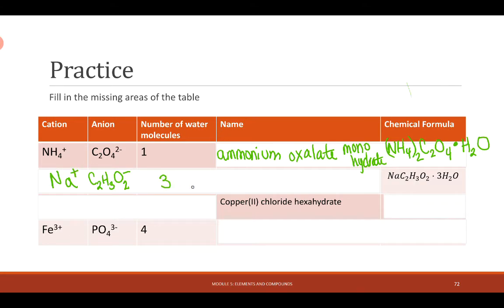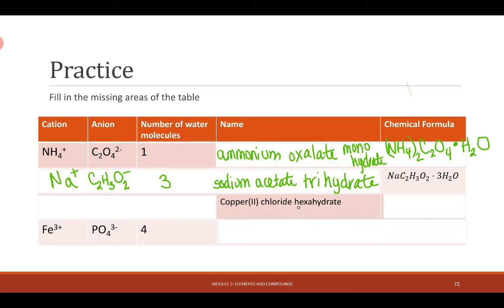And there are 3 water molecules. So that's going to be named sodium acetate trihydrate. Remember, if you're well hydrated, you are drinking water.